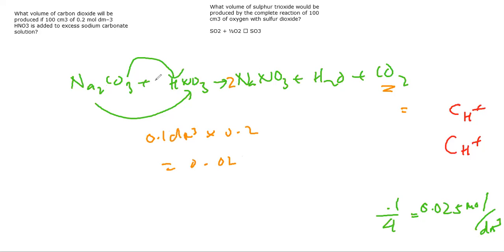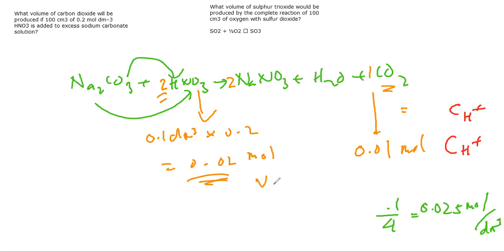I have 2 Na, and then O is 6 plus 1, which is 7, 7 plus 2 is 9. Here you have 6 plus 3, which is 9. So it's already balanced. Now I have 0.02 mole of HNO3, so it means 0.02 is for 2 moles, and for 1 mole it is 0.01 mole.